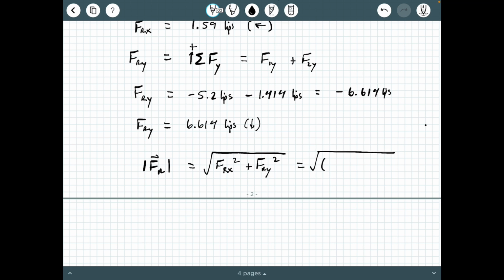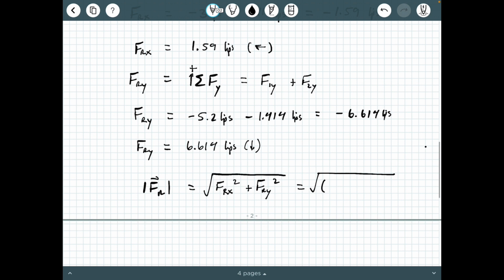And that would give us 1.59 kips squared plus, put a negative in there, plus a negative 6.614 kips squared. And again, all that's wrapped up in a square root.